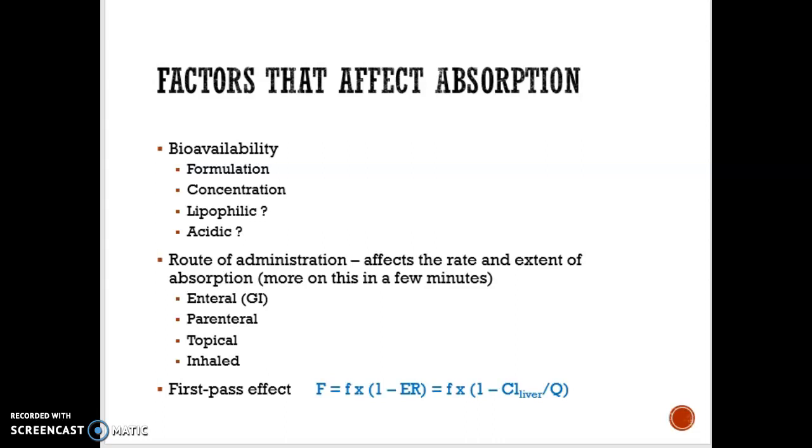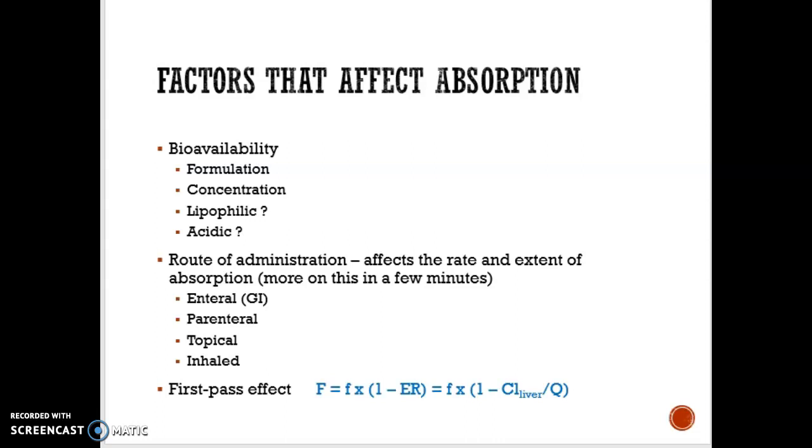Because the venous drainage of blood from most portions of the GI tract enter into the portal circulation, that delivers the blood to the liver. In the liver, and sometimes the gut wall, the drug molecules can be biotransformed. They can be metabolized to a less active substance. And the amount of active drug that actually enters the systemic circulation after GI administration of the drug is less.